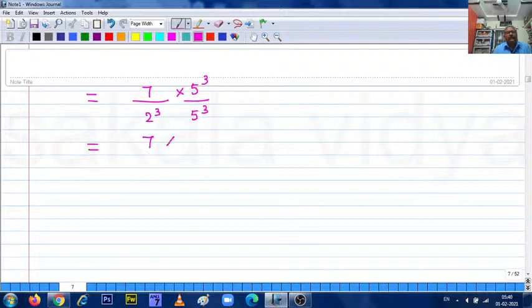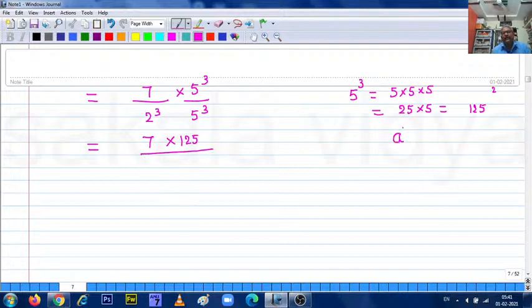7 multiplied by 5 cube: you see 5 cube is 5 into 5 into 5. 5 into 5 is 25, 25 into 5, 5 fives are 25, 5 twos are 10, 125. This is 125. So we have one more formula. For example, a power n into b power n, we can write as ab all to the power of n.